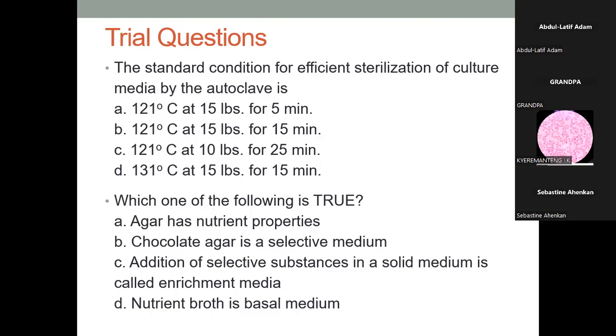Which one of the following is true? Agar has nutrient properties. Chocolate agar is a selective medium. Addition of a selective substance in a solid medium is called enrichment medium. Nutrient broth is a basal medium. Yes, somebody to help us.